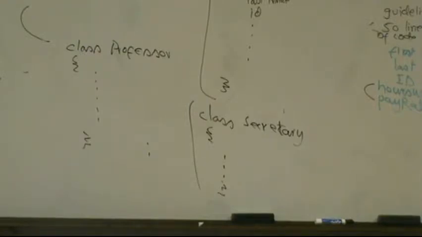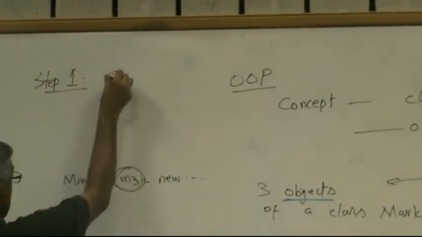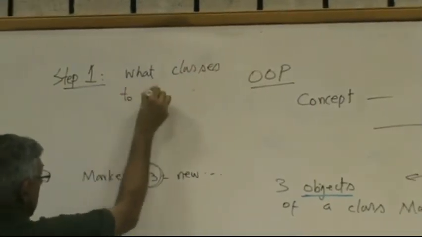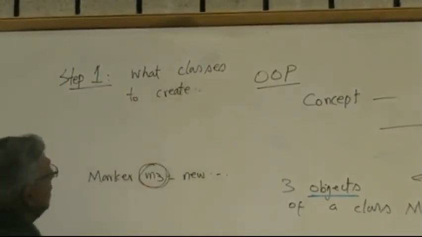So I'll keep giving you hints. The first thing that you need to overcome is to right away identify what classes I should create. So step one in any large software development: what classes to create.